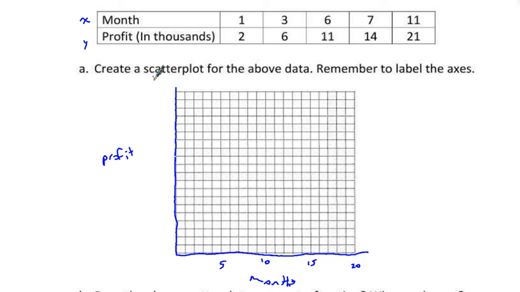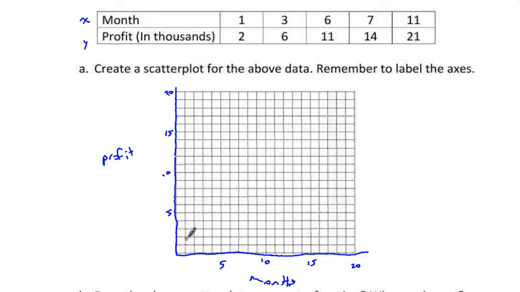And so we could again just go by ones here, since there are 20 blocks, 21 will be just up here. So that's 20, 5, 10, 15. Perfect. And then we're going to plot our points now that our graph is set up.